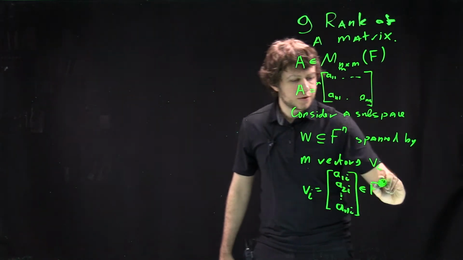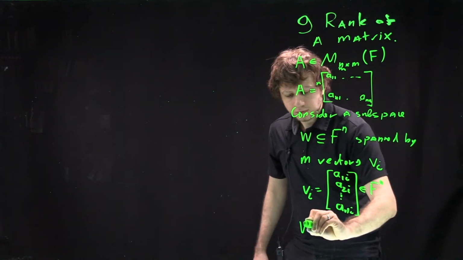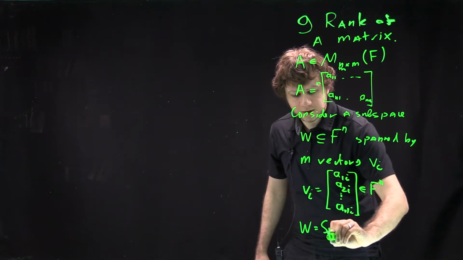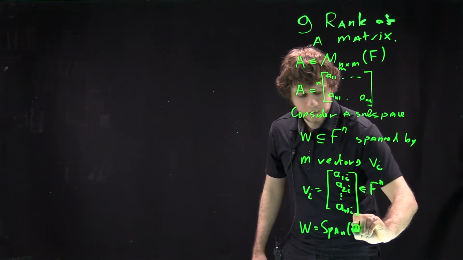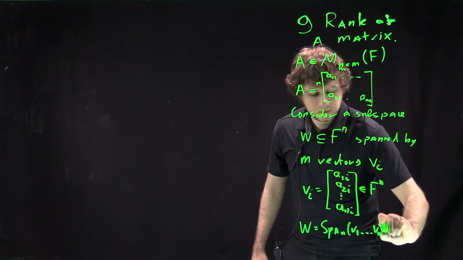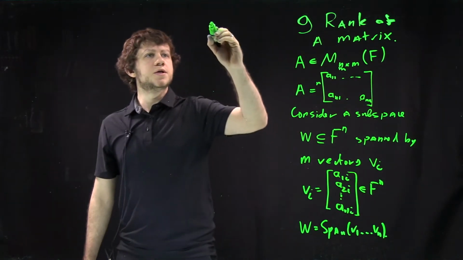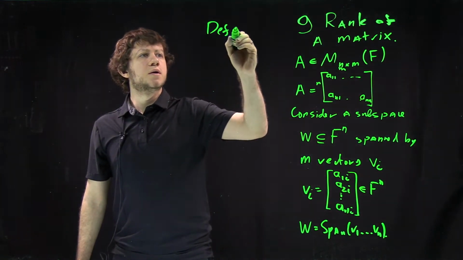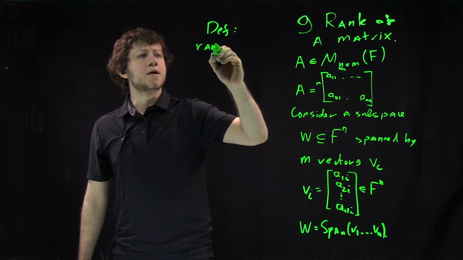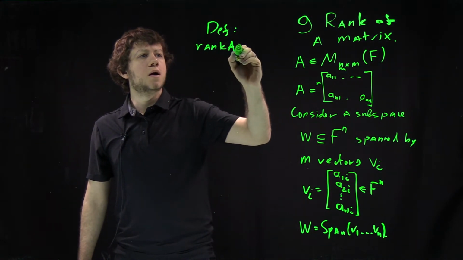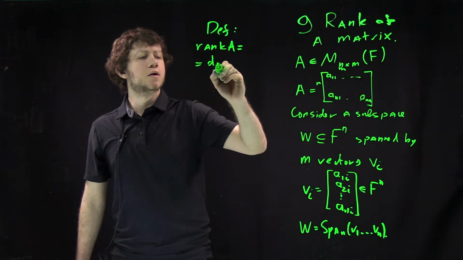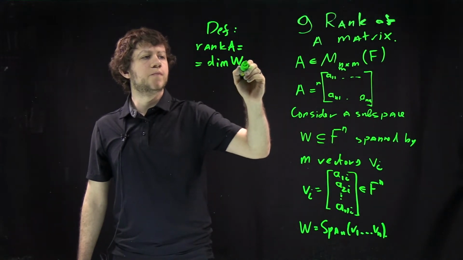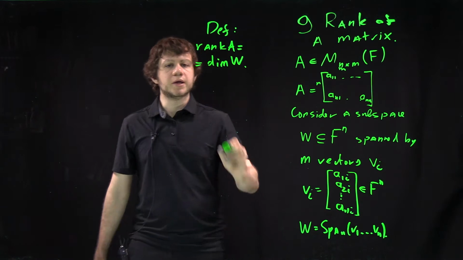And then W is just the span of these vectors, v1 up to vm. And then the definition is: the rank of A is the dimension of this W. So this is a very familiar setting.